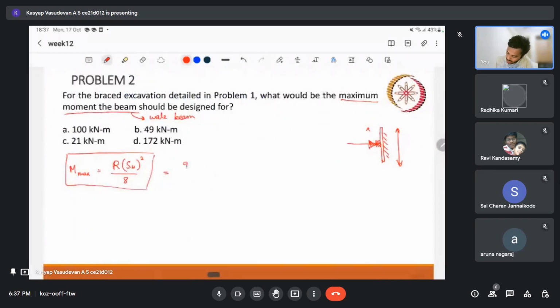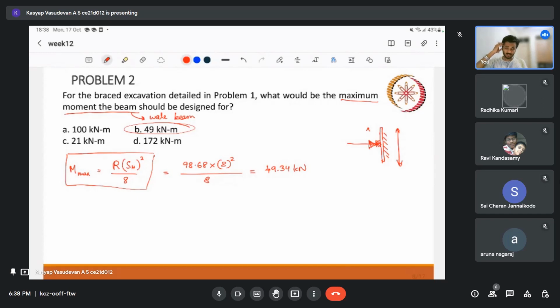So here, 98.68 into SH square, where SH is our horizontal spacing, divided by 8. This value will turn out to be 49.34. So that's how it is.